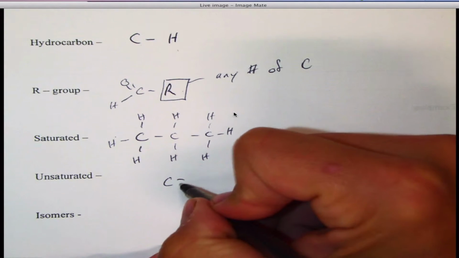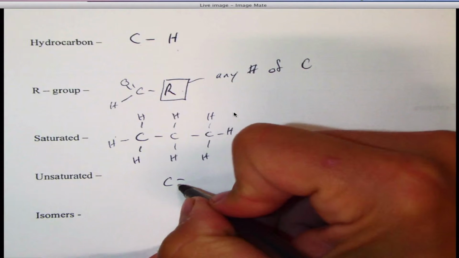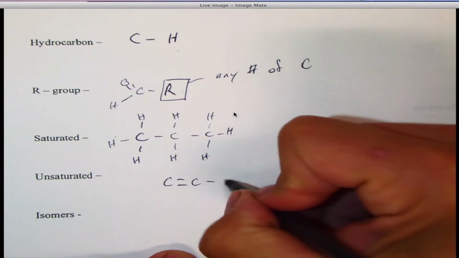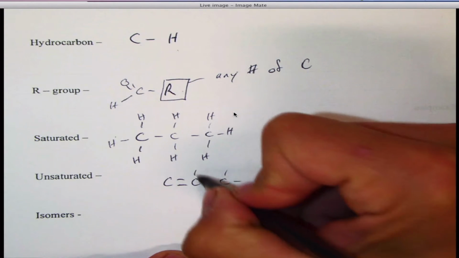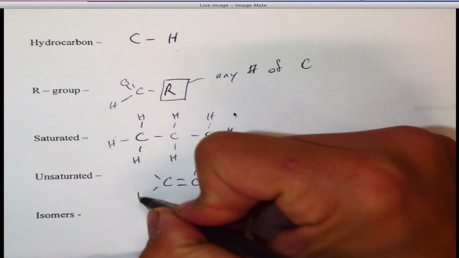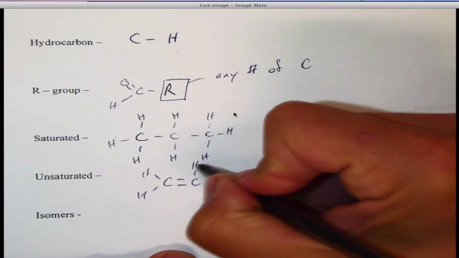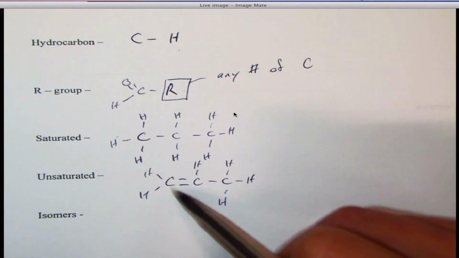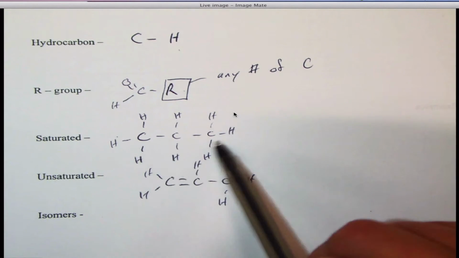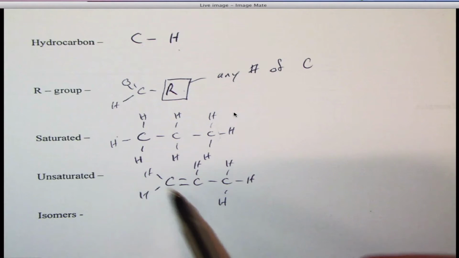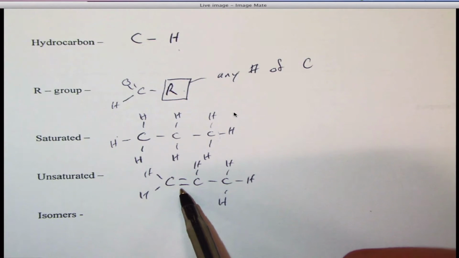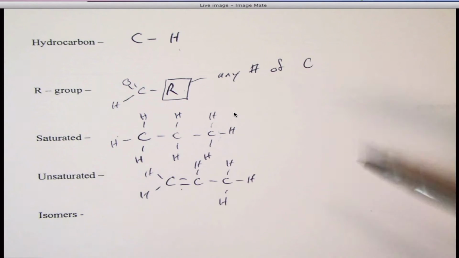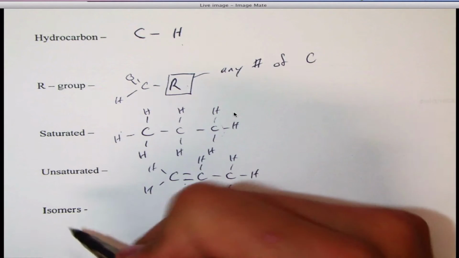However, this molecule is unsaturated because it has a double bond. So saturated means when all has single bonds and every bond's filled. Unsaturated means when it has double bonds between there, or even triple bonds. Okay, so they're saturated, unsaturated, and then we have isomers.